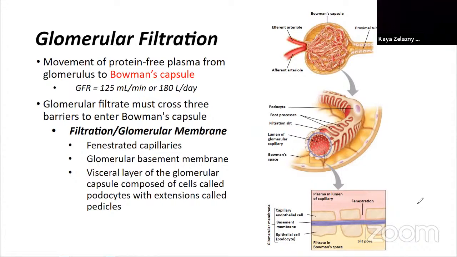In these fenestrated capillaries, the barrier for filtration is made up of layers still existing in the areas where we have these slit pores. Here are our cells. Even though these cells are widely spaced, we still have a little bit of stuff between them.